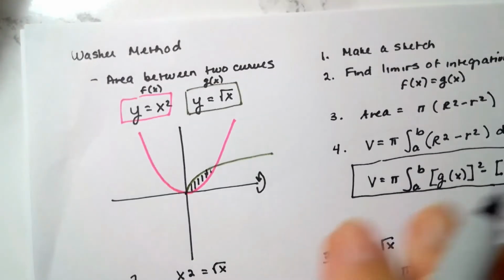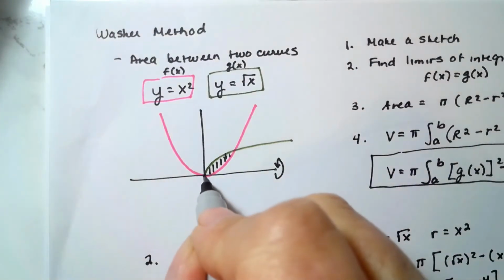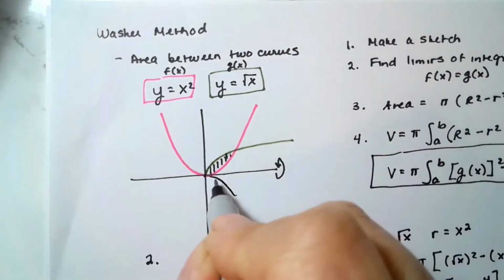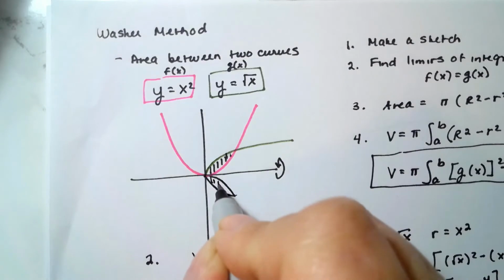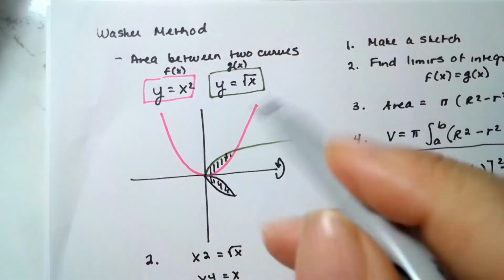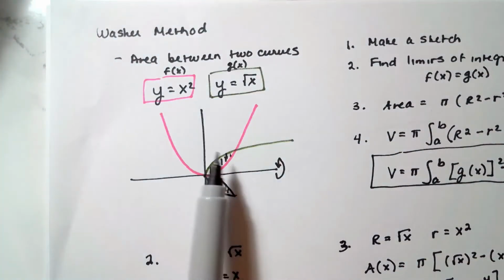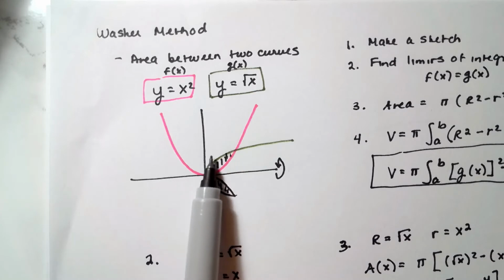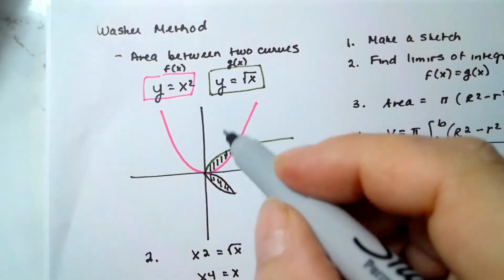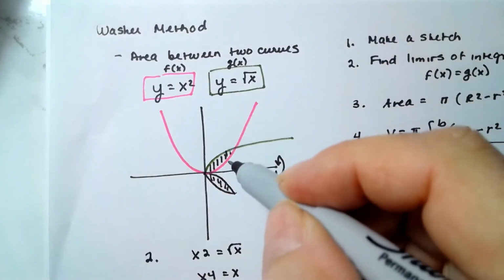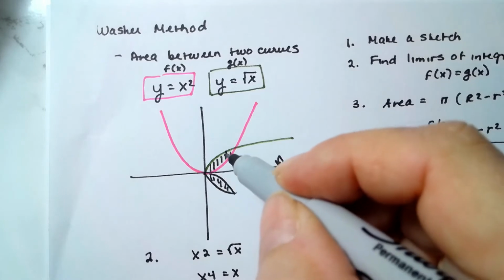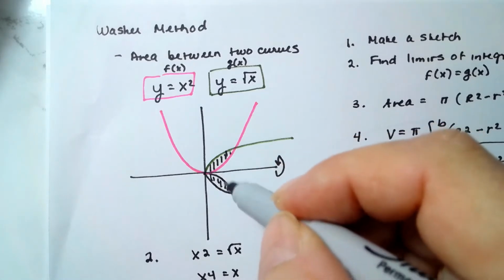Now, if I spin this around the x-axis, I get this other little leaf-looking thing. What I notice is when I cut vertically, perpendicular to the x-axis, I'm going to have this hole. Everything where I cut here is going to be a hole, and I'm just going to get these little bits of area.